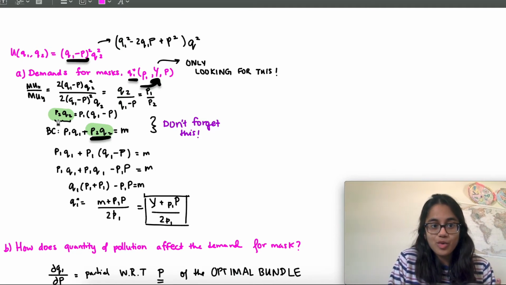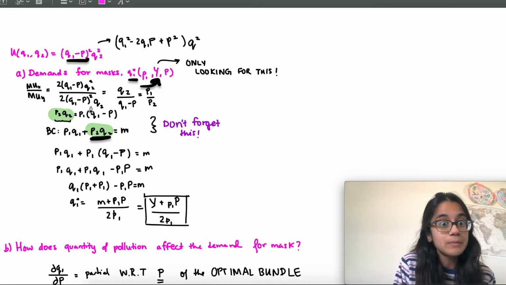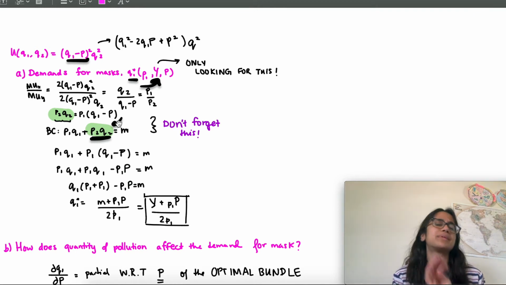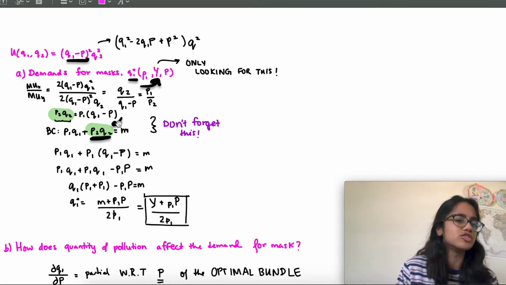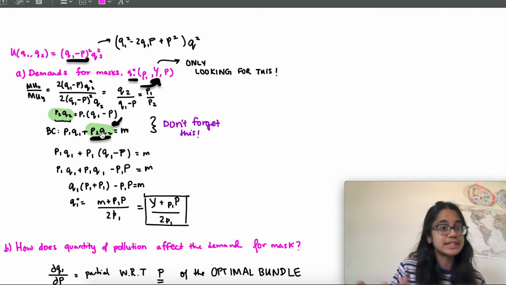If I know that P2 times Q2 is equal to this expression, I might as well plug it back in over here instead of solving for only P2 or only Q2. Make your life easier on an exam.